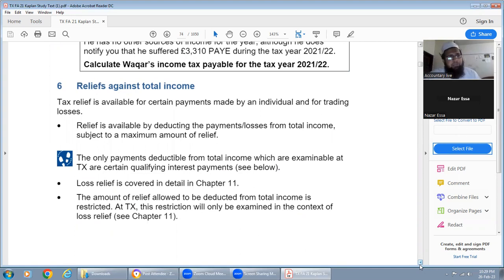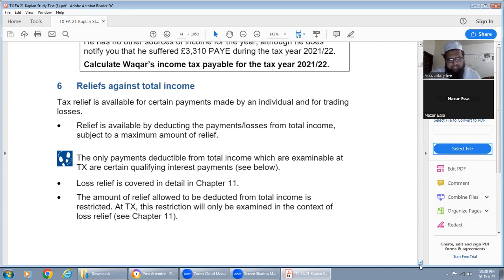Tax relief is available for certain payments made by an individual and for trading losses. Relief is available by deducting payments and losses from total income, subject to a maximum amount of relief.